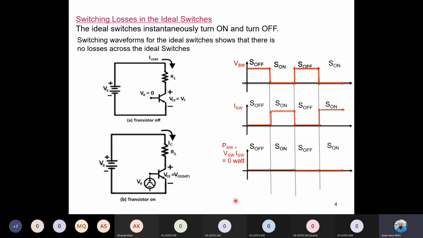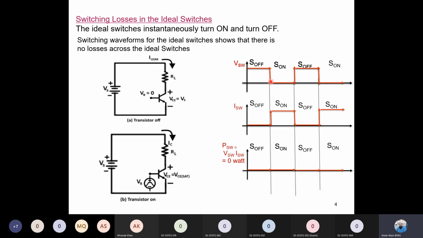Once again, in an ideal transistor, when you turn on the device, it immediately turns on. But in a practical transistor, when you turn on, it will not act sharply like this, but slowly and gradually it will turn on.